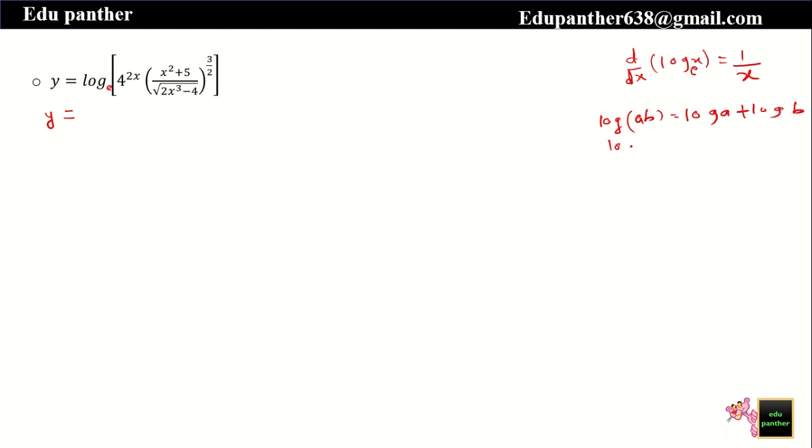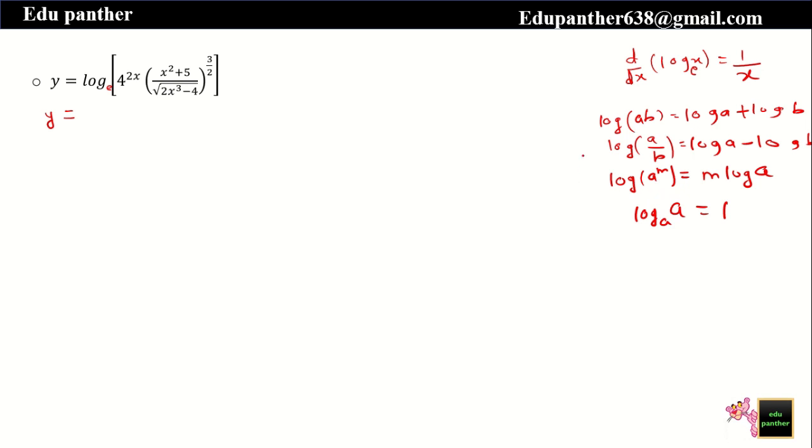Similarly, log of a division, that means log of a over b, is log a minus log b. Next, log of a raised to any power m, a raised to m, is m times log of a. Then log of a to the base a will be 1.